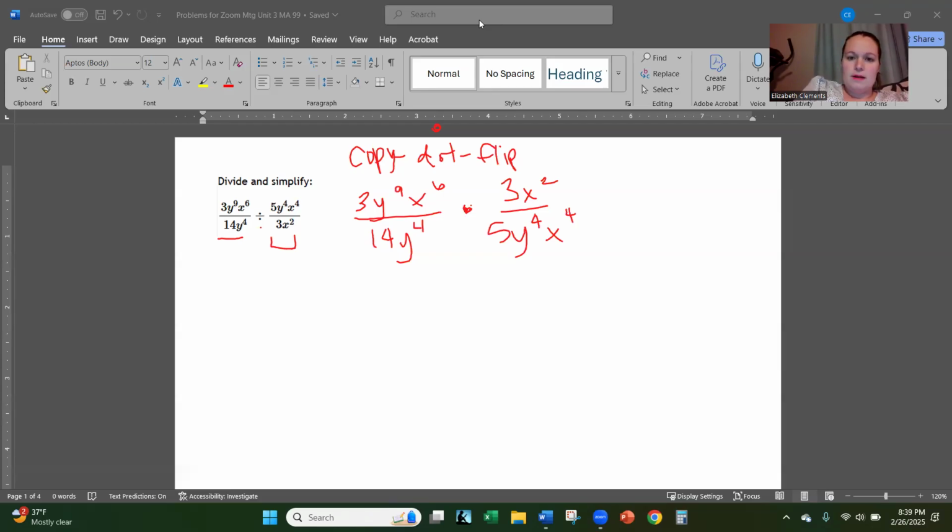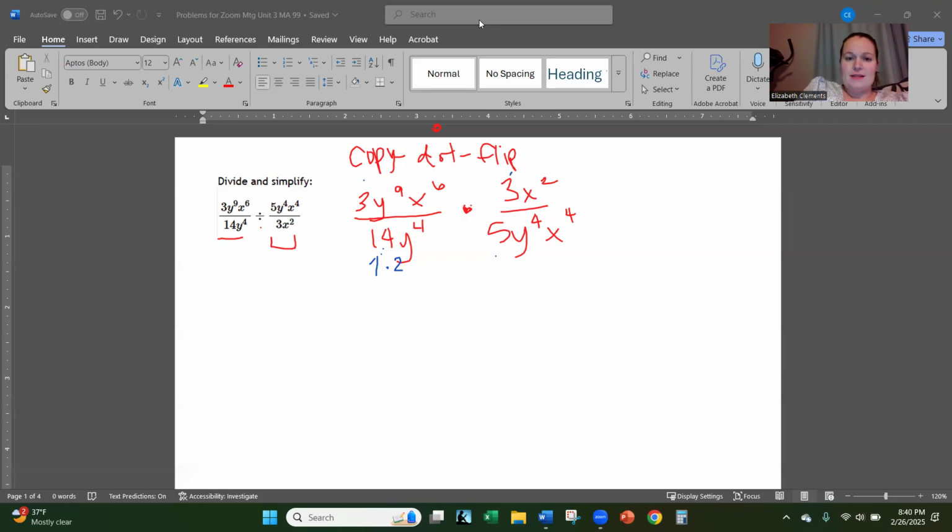So first I'm going to look at my numbers. I have a 3 on top here and a 3 on top here and a 14 and a 5. 14 is 7 times 2. And I don't have anything that can cross off or that simplifies to 1. So I'm just going to leave them all the way they are. So now I'm going to look at my variables.